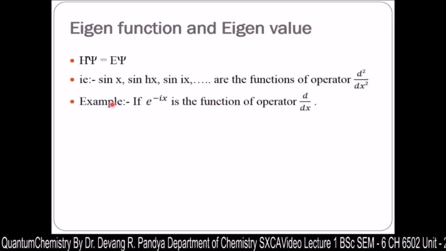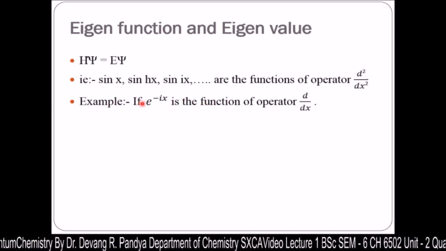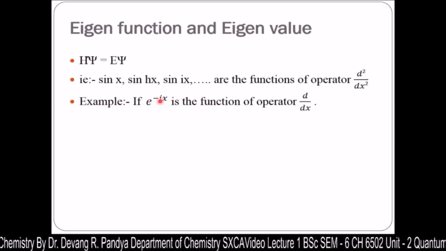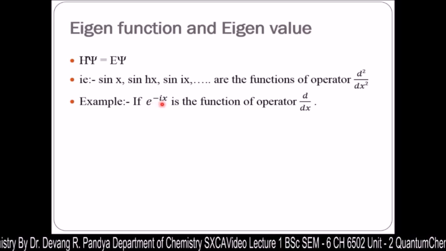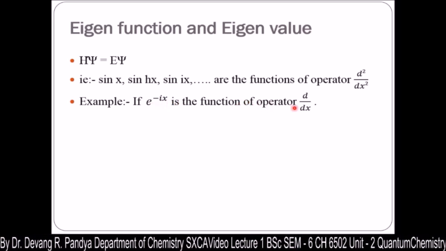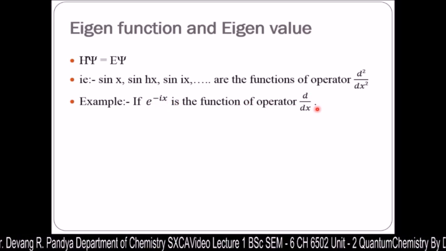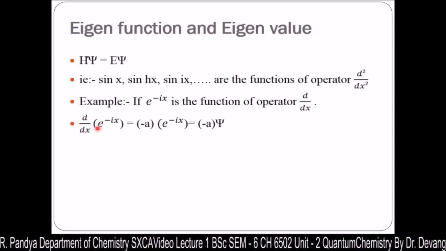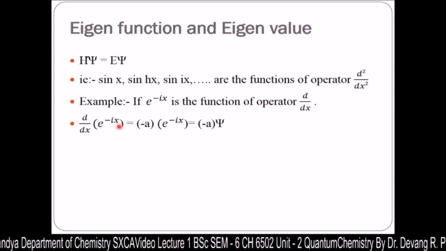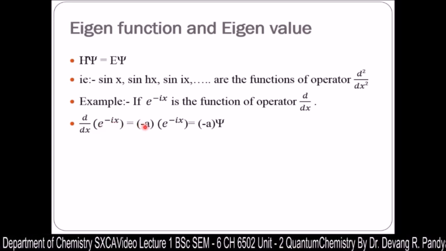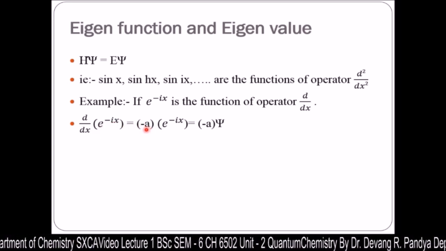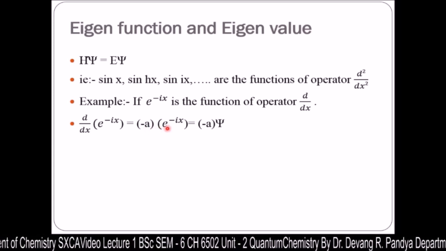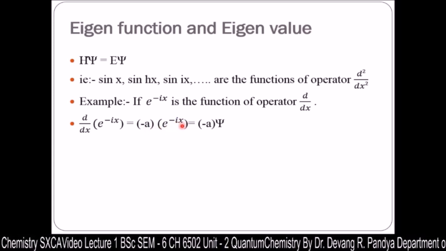Now let's take the example. If we have a function exponential minus ix, as the function of operator d by dx, then d by dx into exponential minus ix gives minus a into exponential minus ix.